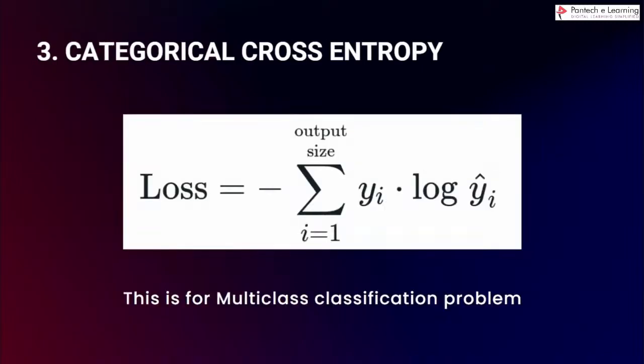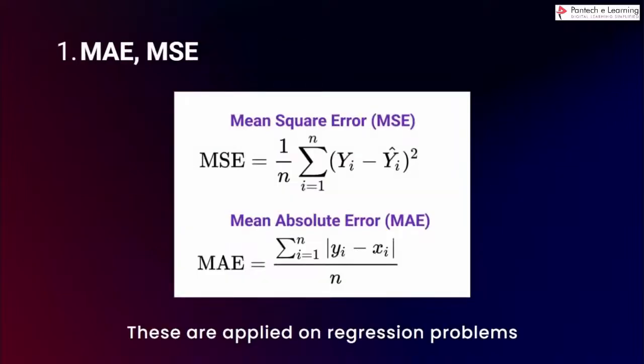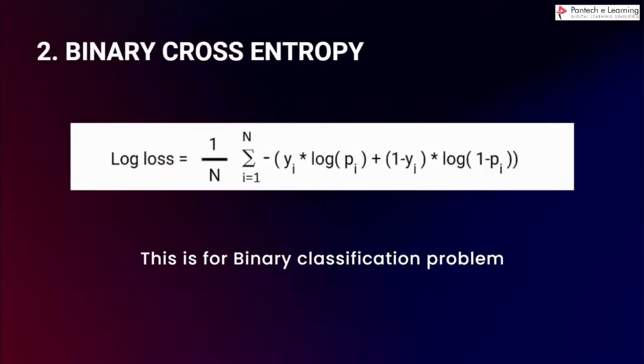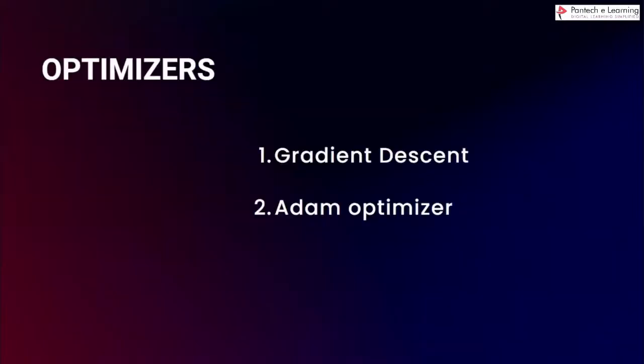When you have multi-class classification, the same ReLU and leaky ReLU are used in the hidden layers, and in the output layer we have sigmoid, and the loss you are going to use is categorical cross entropy. Finally, if you have a regression problem, you will be going with a linear activation function, and MAE and MSE are used as the loss function for its calculation.